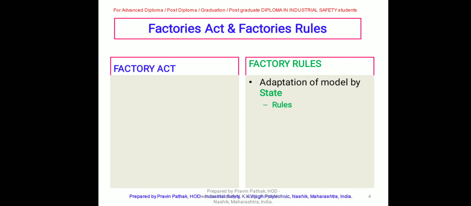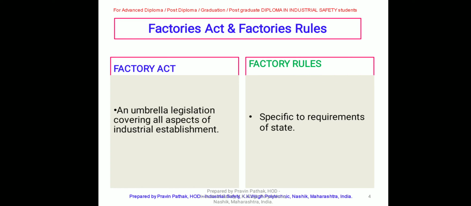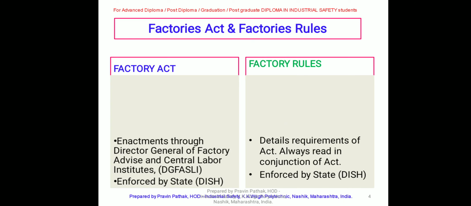For example, Maharashtra state has the Maharashtra Factory Rules 1963, and the elements under that are called rules. The Factory Act is an umbrella legislation covering all aspects of industrial establishments, but the Factory Rule is specific to the requirements of the state. The Factory Act is concerned at a national level.